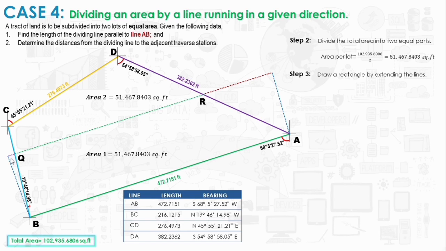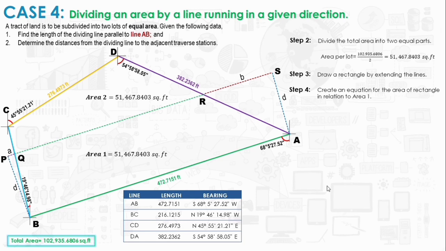Then, papangalan natin point P. Ito naman, point S. Then, yung distance from P to Q or PQ, tatawagin natin length A. Then, from R to S, shall we say length B. Tsaka yung length ng perpendicular line, tatawagin natin distance D.